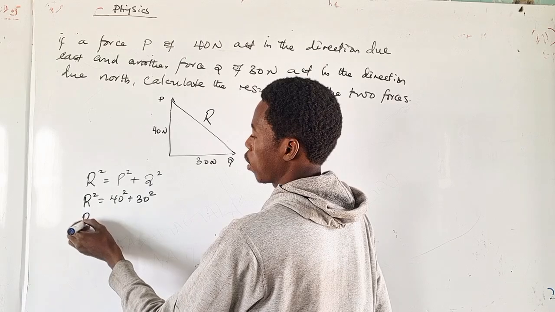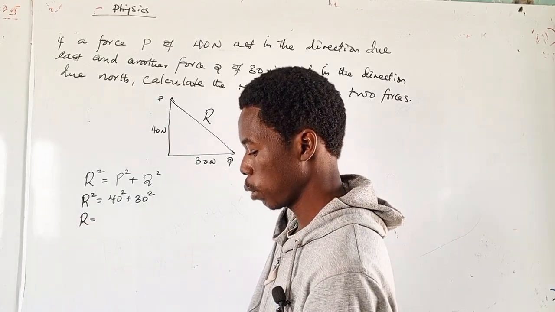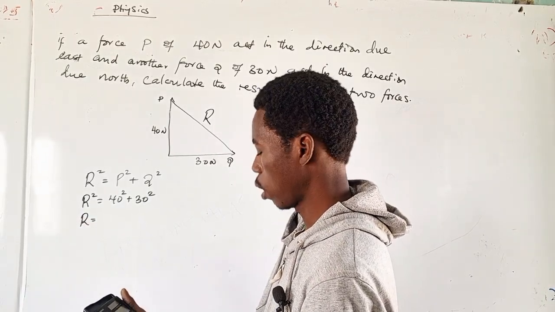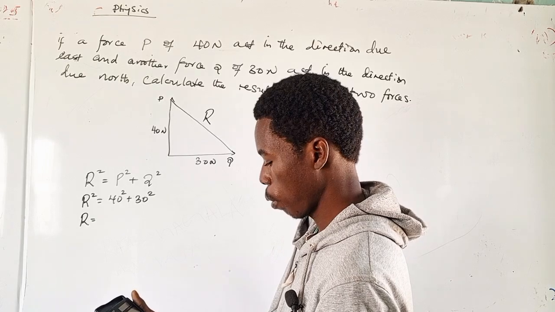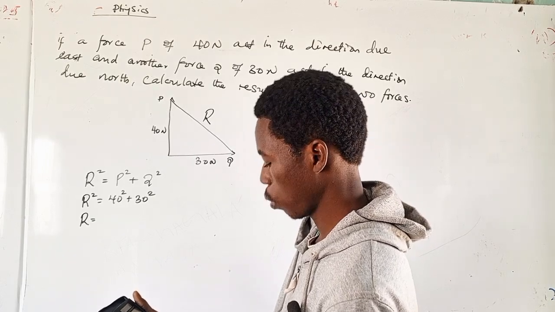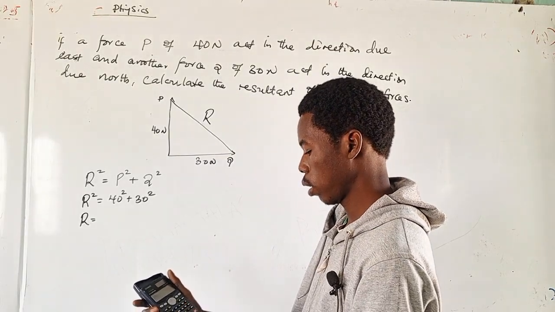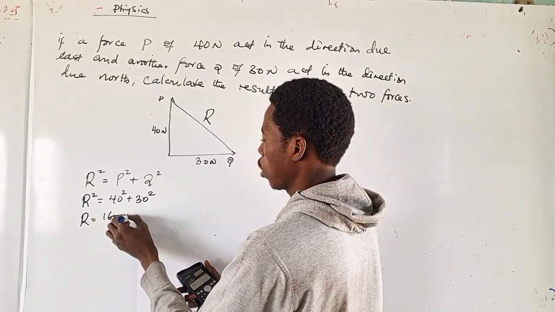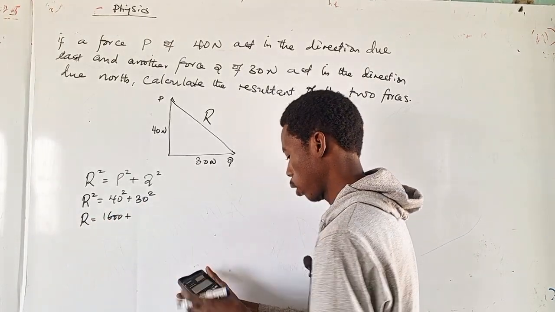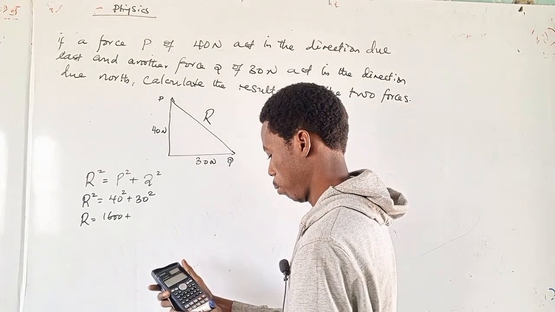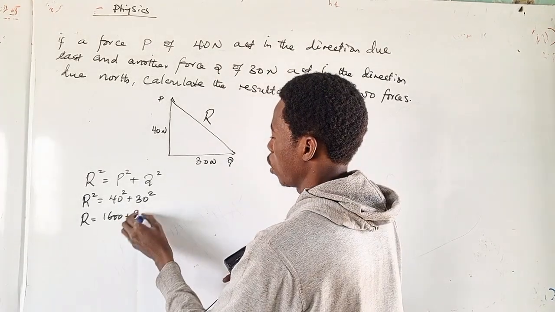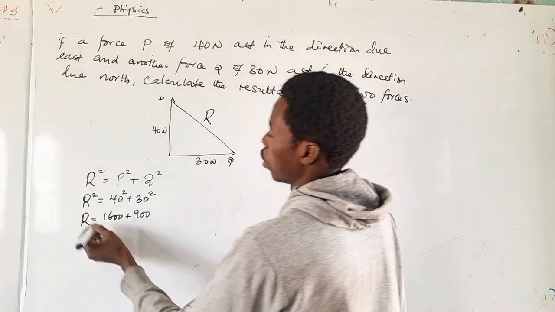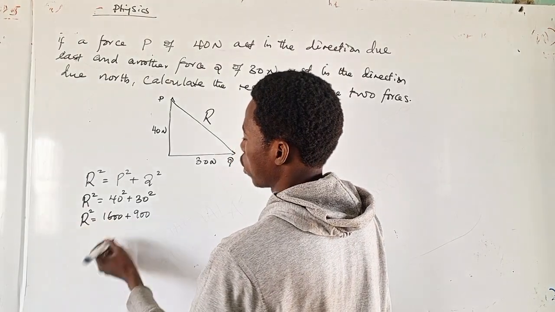So now R is equal to, let's press our calculator, 40 squared will give us 1600, plus 30 squared will give us 900. So remember, this R is squared.